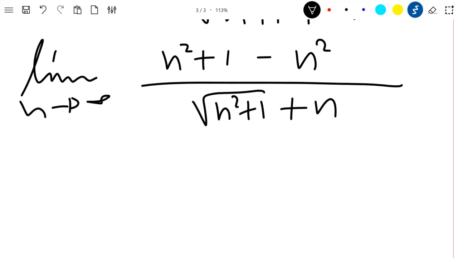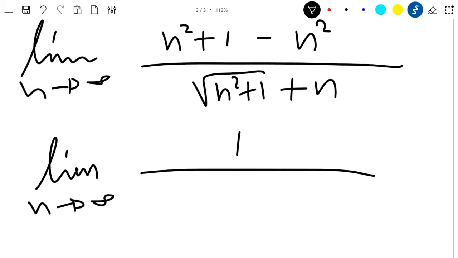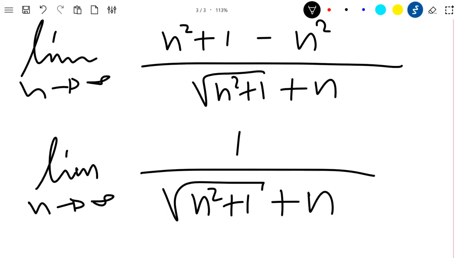And what is this? This is again the limit when n tends to infinity of, I will stay with 1 here, 1 divided by the square root of n squared plus 1 plus n.